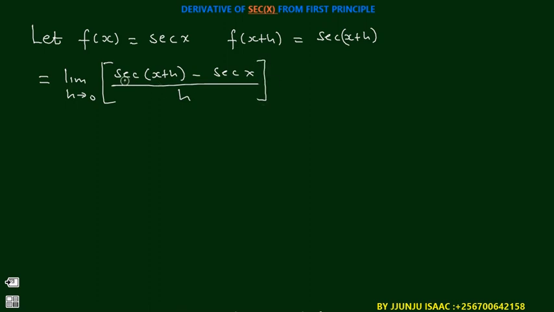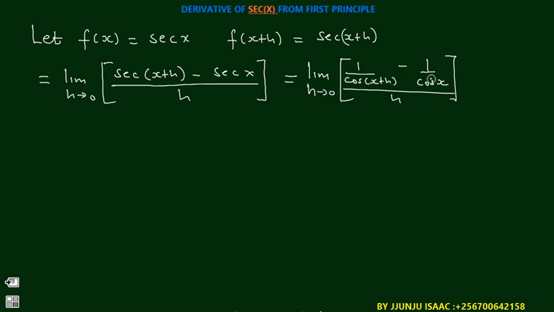Since sec is the reciprocal of cos, we can write this expression as the limit as h tends to 0. So we replace sec with 1 over cos. So this will be 1 over cos of x plus h minus 1 over cos x, divided by h.